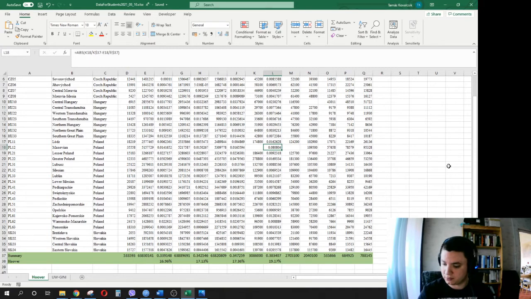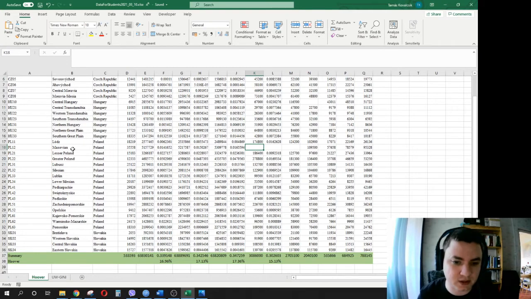If we just delete it, it is 4% less. So we don't have 0 unemployed people in the Mazovian region. We don't know, so we just have to omit it from the calculation.